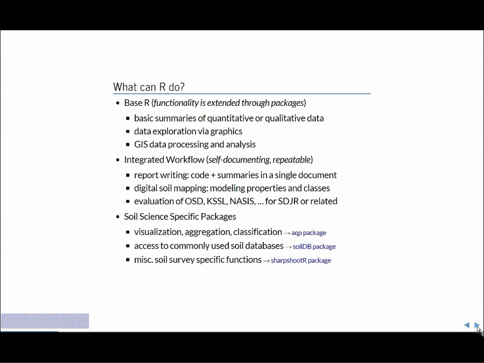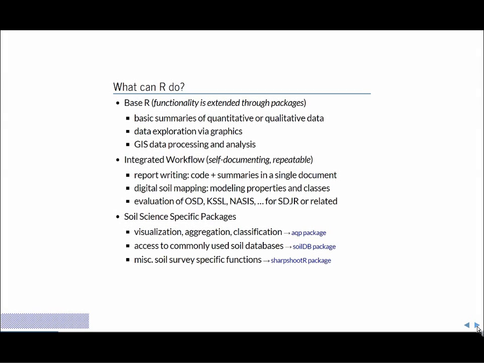What can R do? When I first started using R, not quite 10 years ago, that first bullet of base R functions is essentially what was available: your basic summaries, your basic statistical models. There was some GIS functionality even back then.